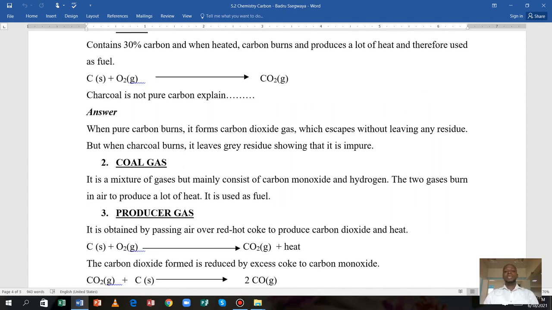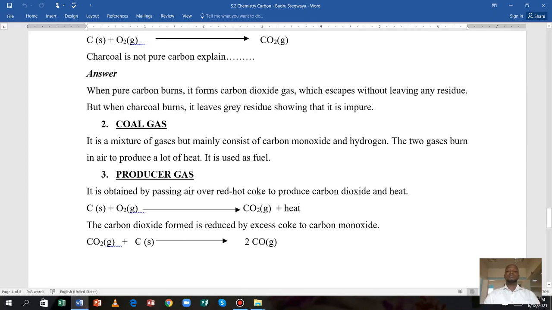It is the solid left after destructive distillation of coal. Coke, just like charcoal, produces a lot of heat when burnt and therefore is a fuel. It is also commonly used as a reducing agent in the extraction of metals, for example, iron in the blast furnace.